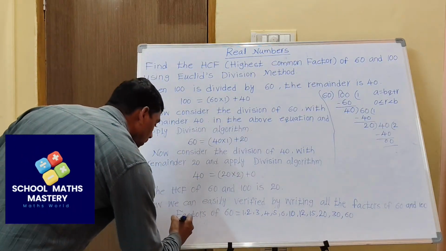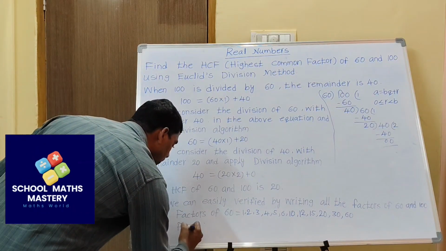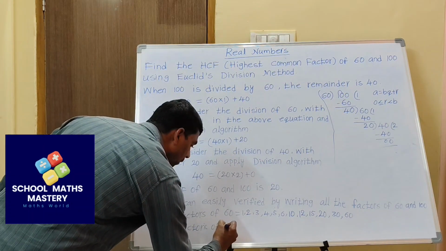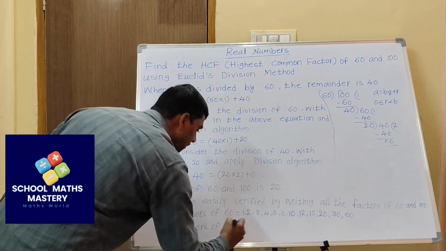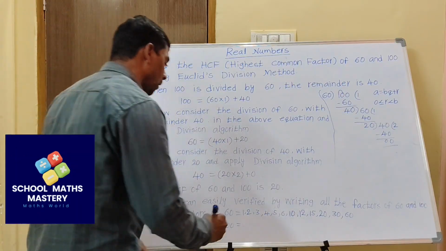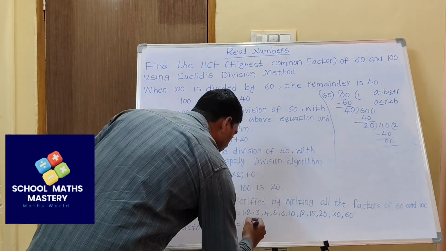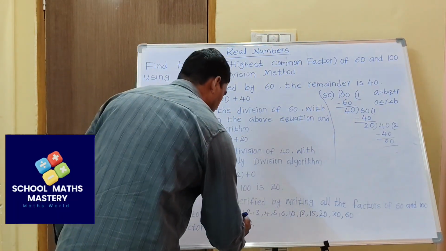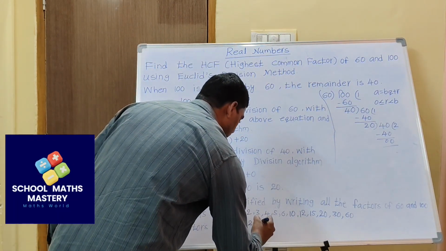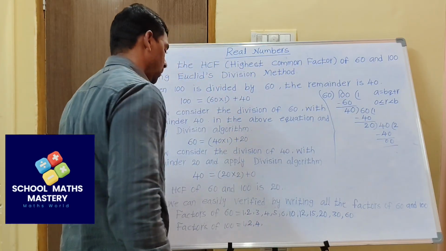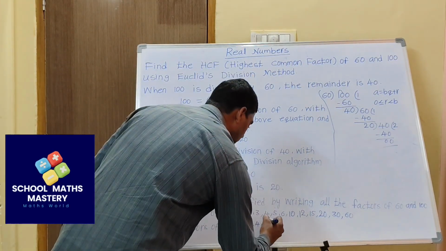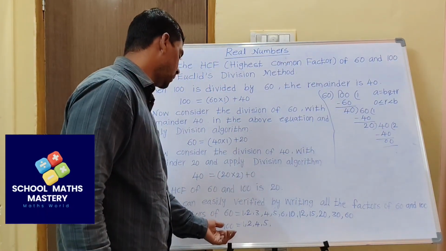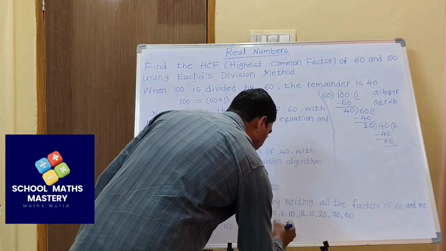Next, factors of 100. 1, 2, 3 is not a factor of 100. 4 is a factor of 100. Next 5 is also a factor of 100. 6 is not a factor of 100. 7, 8, 9, 10.